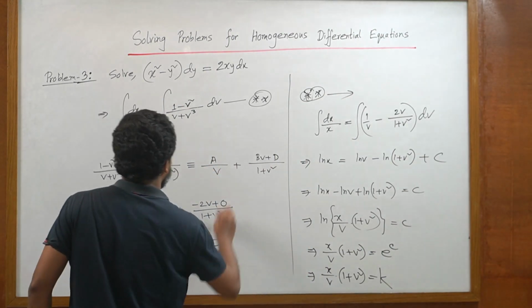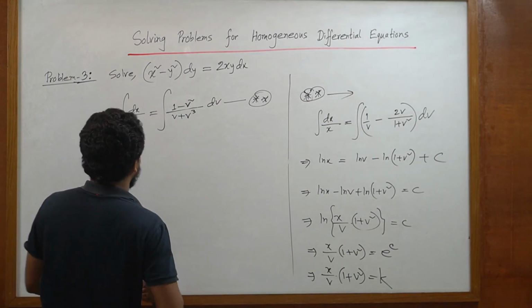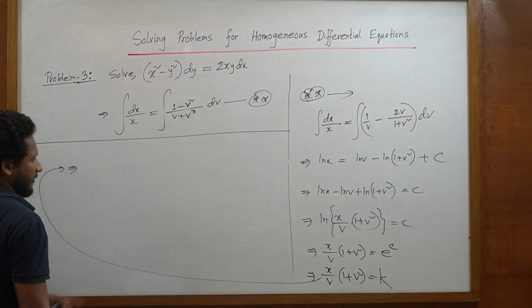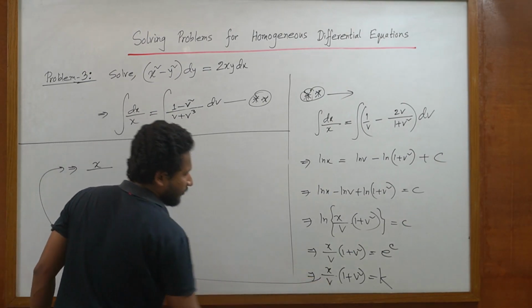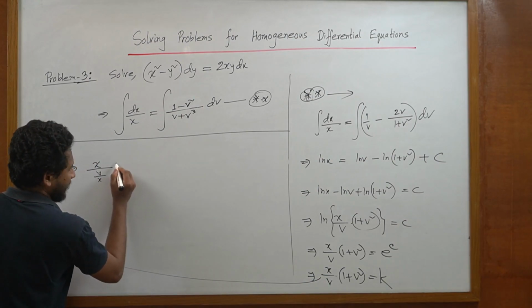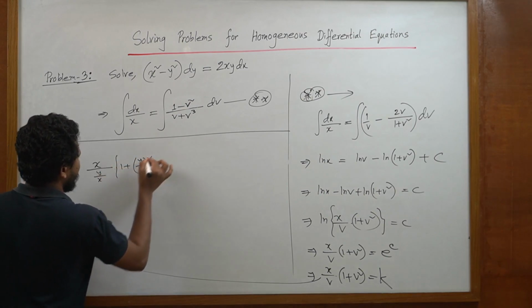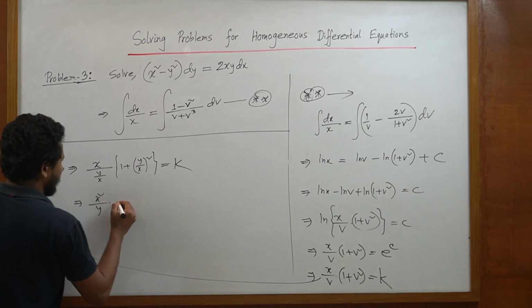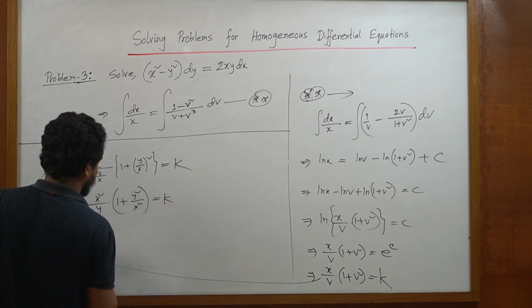Now we took v as y by x, so we will replace it: x by (y by x) into (1 plus y square by x square) equals constant, x square by y into (1 plus y square by x square) equals constant.